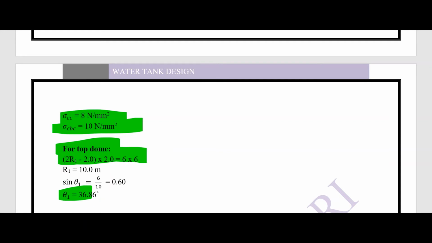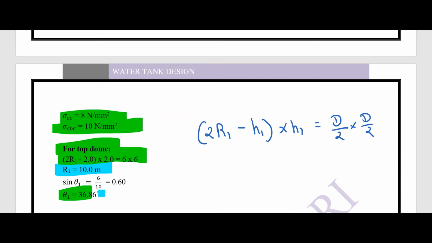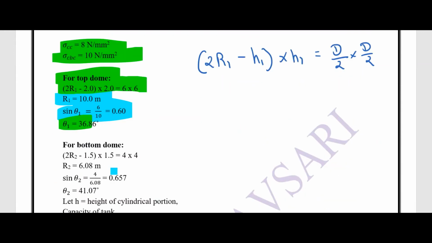Here the equation is 2R1, where 1 represents the top dome, minus H1 into H1 is equal to diameter by 2 into diameter by 2. So by this equation we found the R1 value is 10 meter. Then using sin theta equal to 6 by 10 we found the theta value.